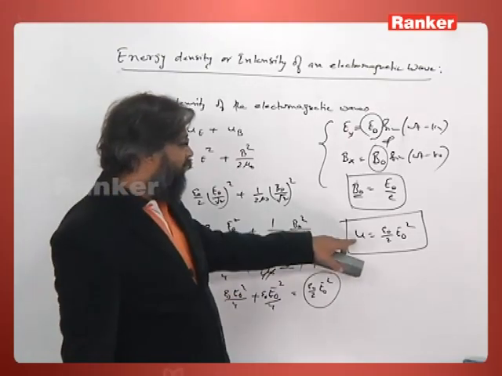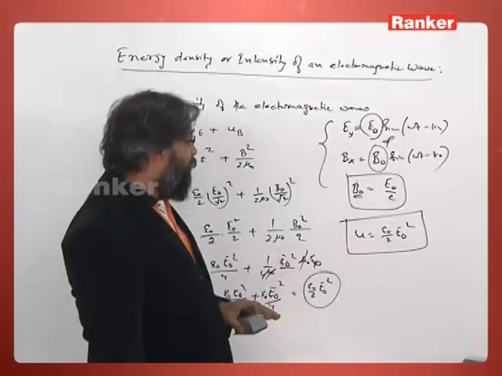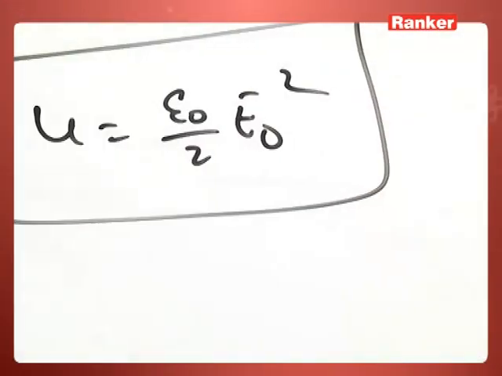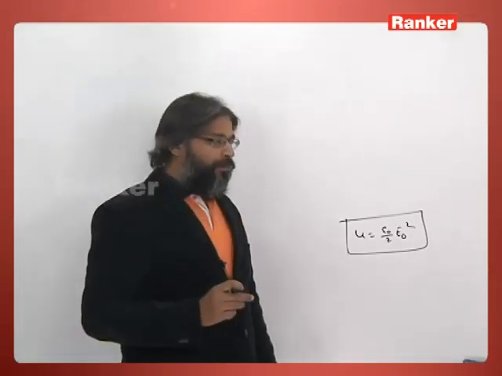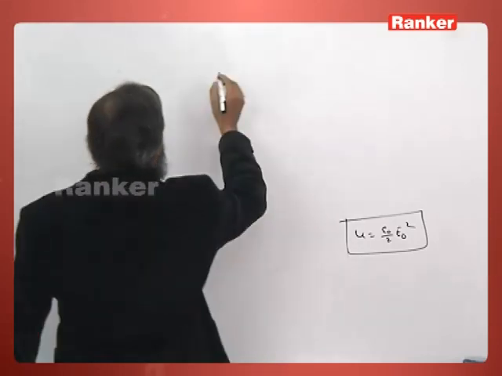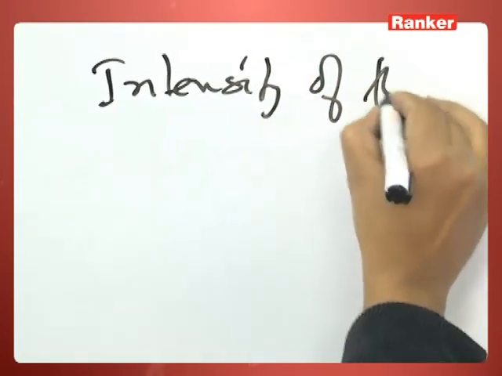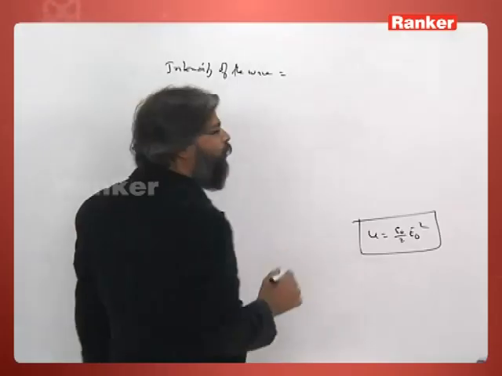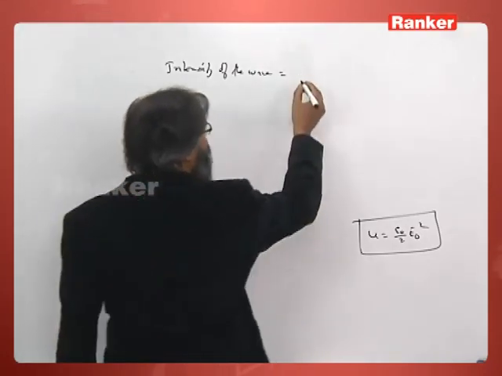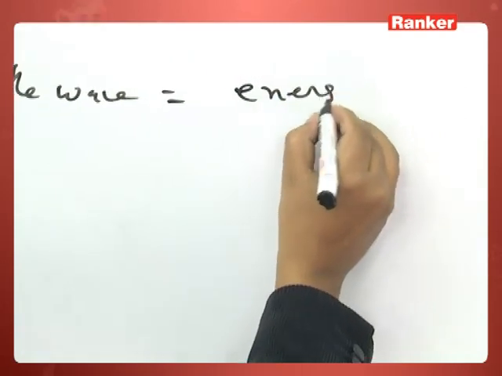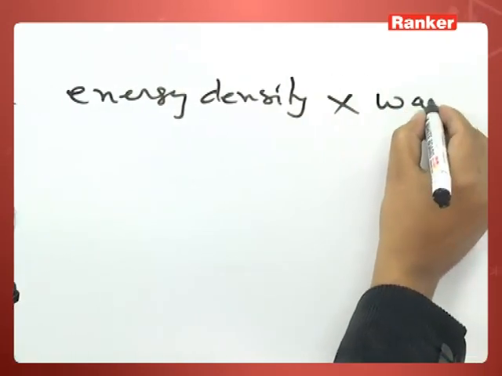So this is the energy density U which we got, the total energy carried by this wave. Now you see that the intensity of a wave is the amount of energy transported per unit area per unit time, that can be written as energy density into wave velocity.